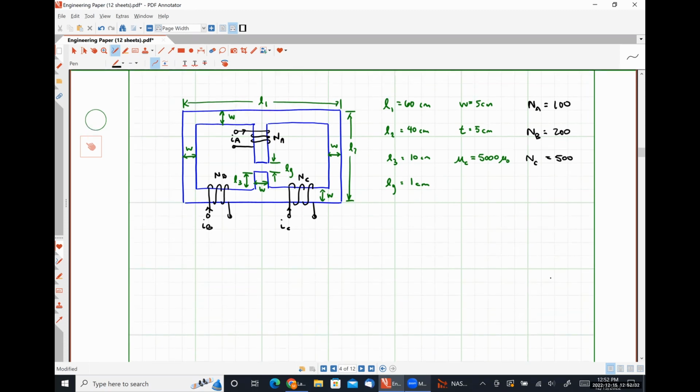I want us to determine 4 pieces of information together. And then your in-class assignment will be figuring out 1 piece of information on your own, okay?